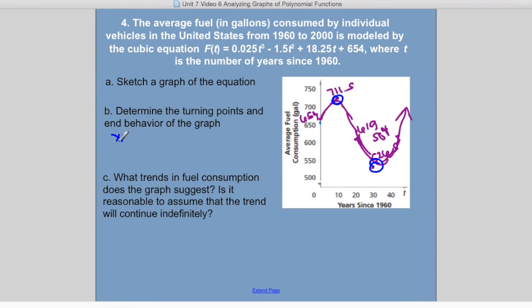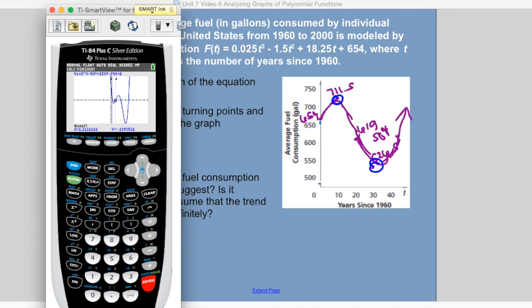Because remember this is just a sketch, using your calculator, let's see if mine is working. Nope, still not working.